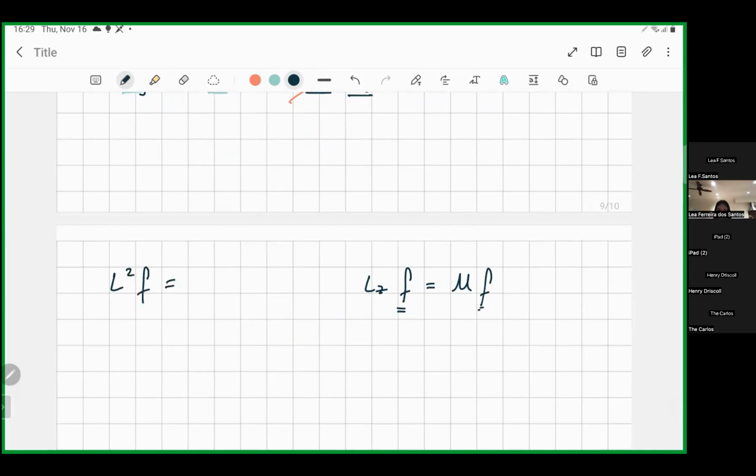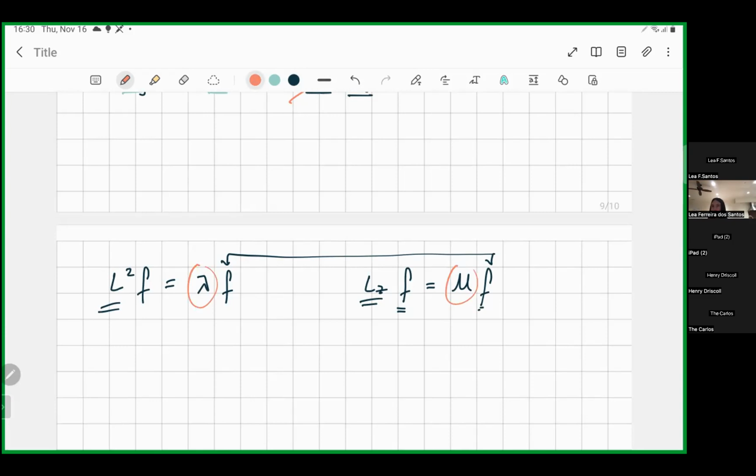I don't know yet what the eigenvalue is. I'm going to call it lambda. This is the same because L square and Lz are compatible; these are operators that commute. So what we are going to do now is try to find the eigenvalues m and lambda.